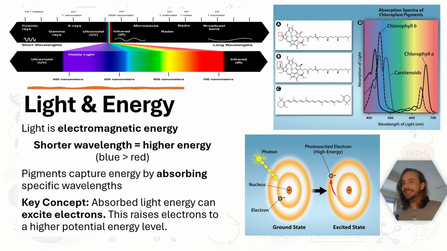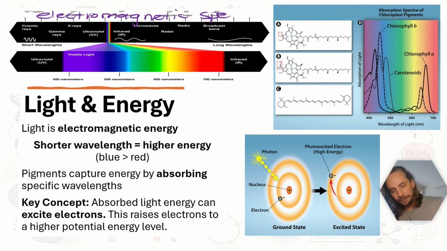This whole story starts with light and energy. Light is part of the electromagnetic spectrum, and on the spectrum we find various different types of waves. We find cosmic rays, gamma rays, X-rays, ultraviolet rays, infrared waves, microwaves, radar, and radio.